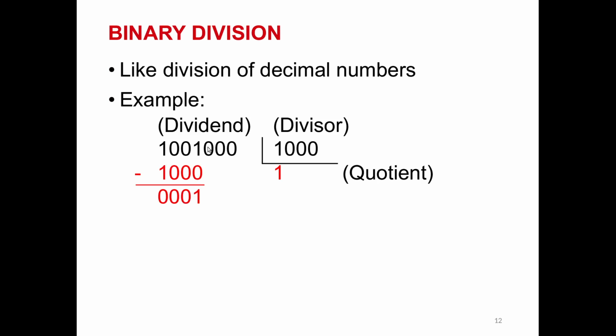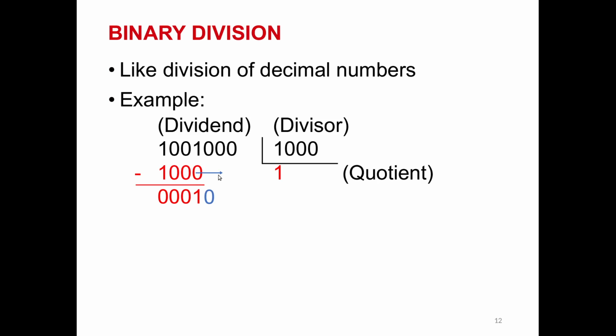And then in the next step, you take the next bit, bit 2, from the dividend down here, and then you subtract the divisor 1 0 0 0 here.